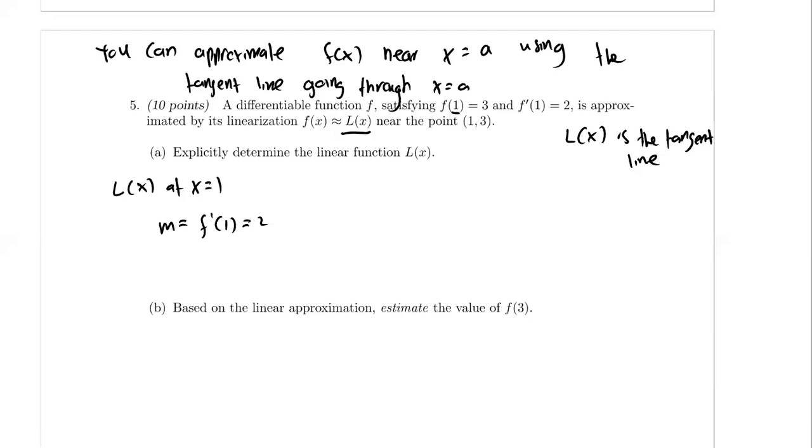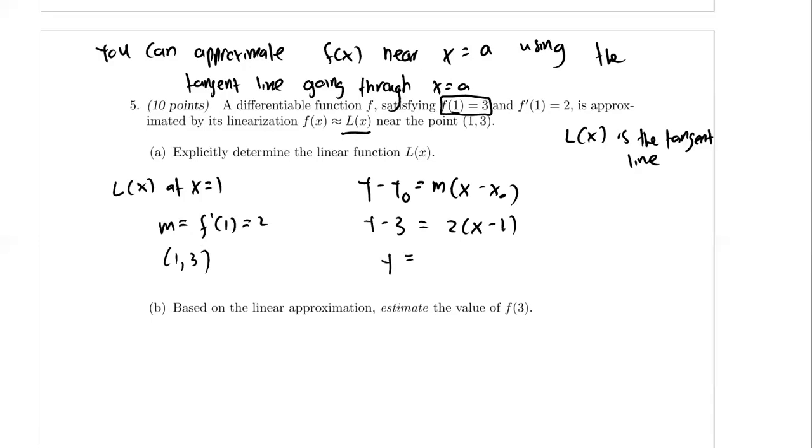The input is 1, the output is 3, so the point is 1, f of 1, or 1 comma 3. And then just use the point-slope formula, right? y minus the y value equals m times x minus the x value. In this case, we get y minus 3 equals 2 times x minus 1, and simplify.